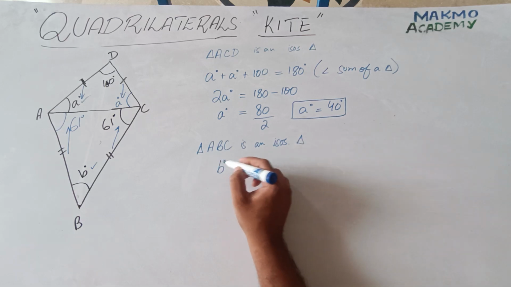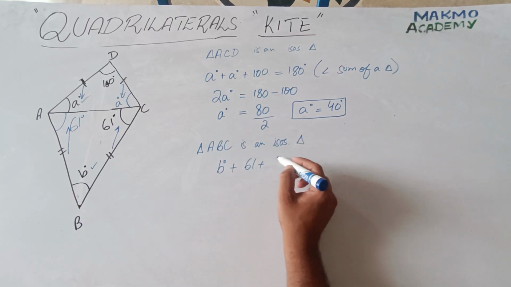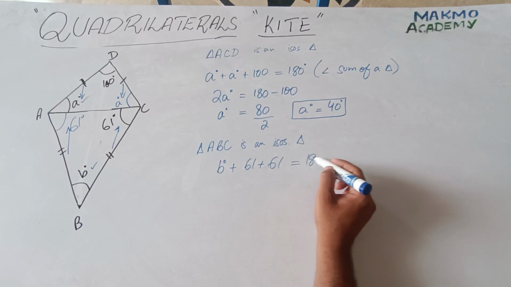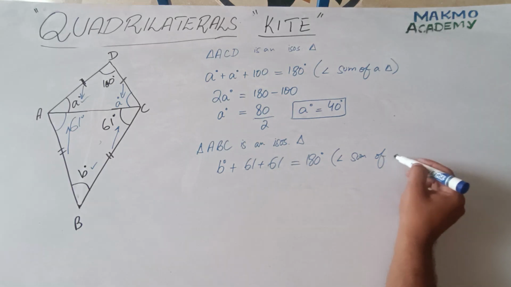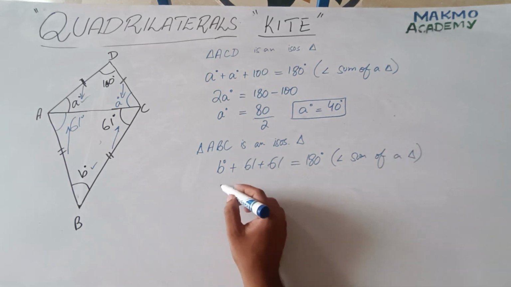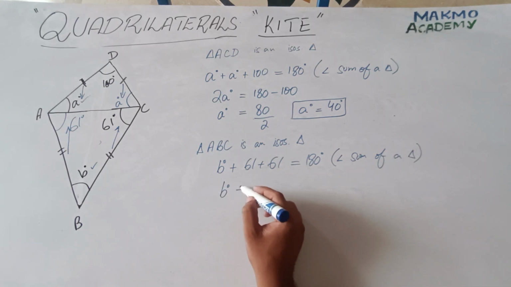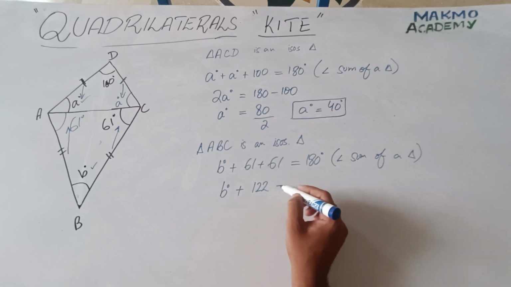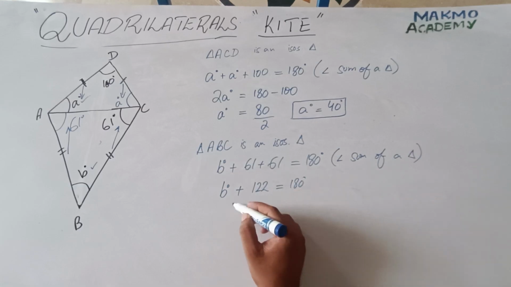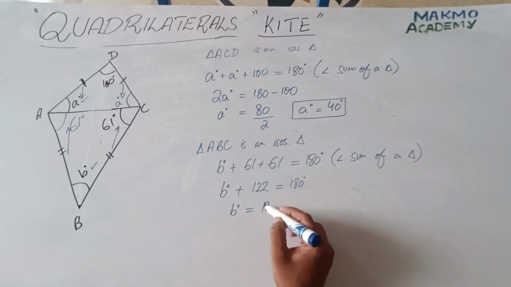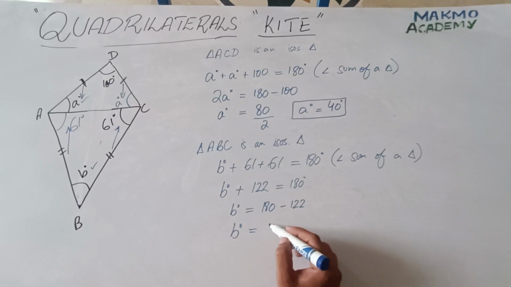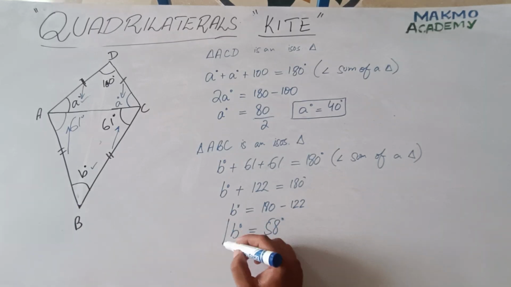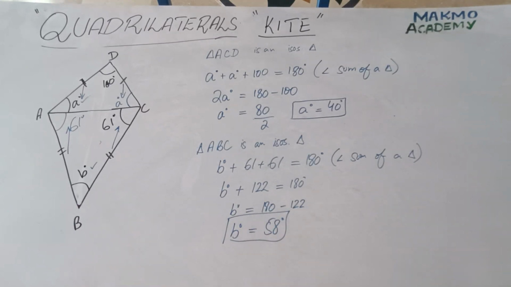Now we will write B plus 61 plus 61 is equal to 180 degrees, angle sum of a triangle. So 61 plus 61 would give us 122. Then B is equal to 180 minus 122, and B is equal to 58 degrees. So we have found out the size of both the unknown angles in a kite.